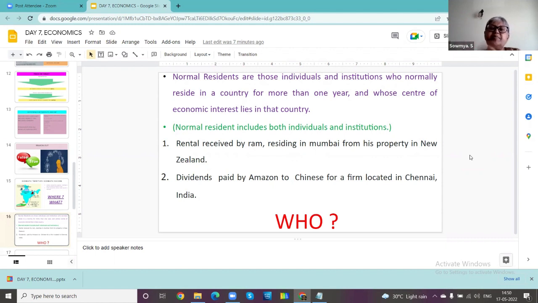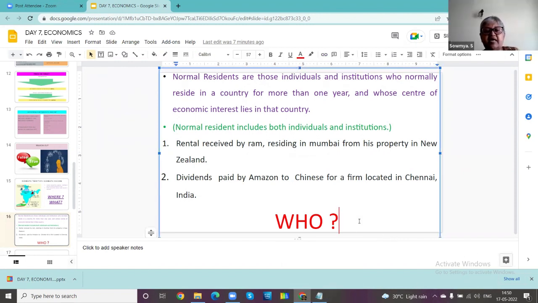This component has to be added to the domestic income to arrive at the national income. So I would always tell the children, write the treatment. Whether it is included or not, sometimes they get confused. They would say this is added, ma'am, or this is deducted, ma'am. So since it is deducted, they would say not included.